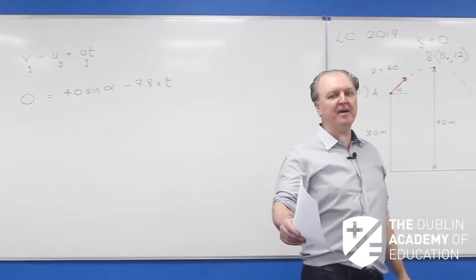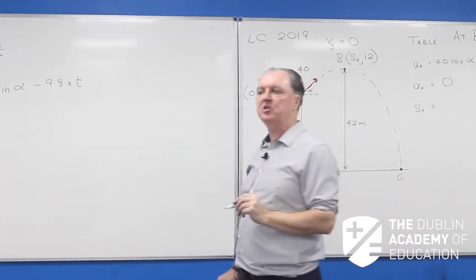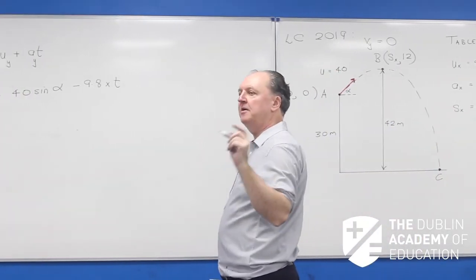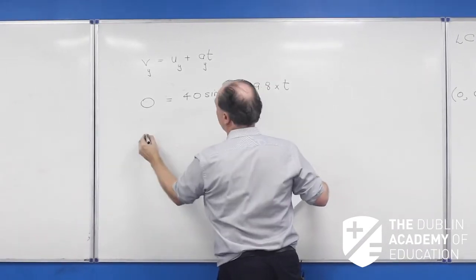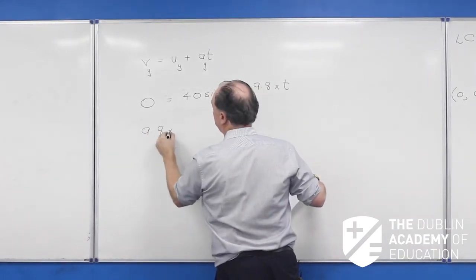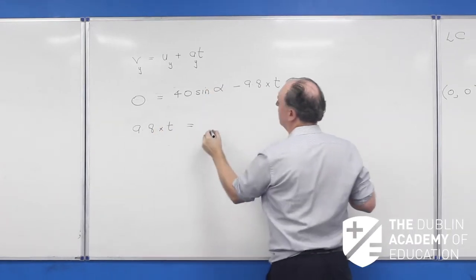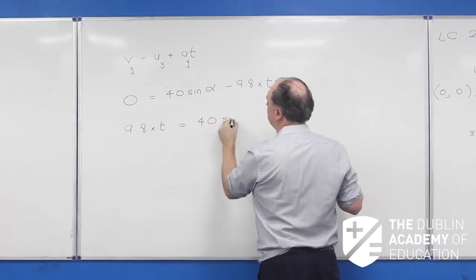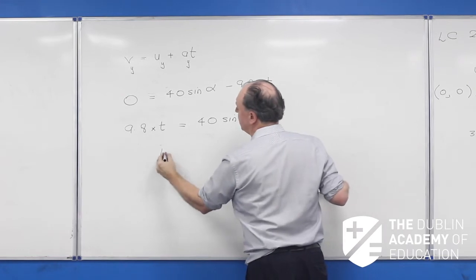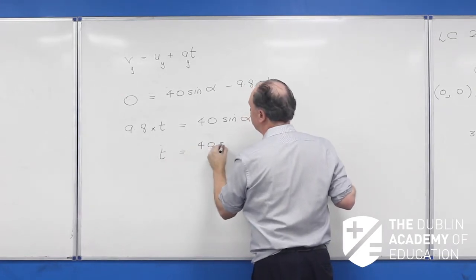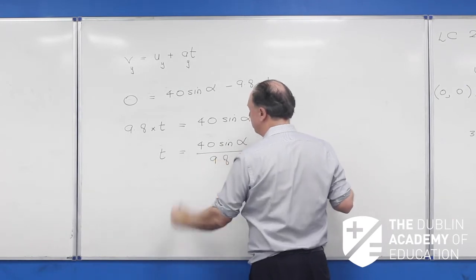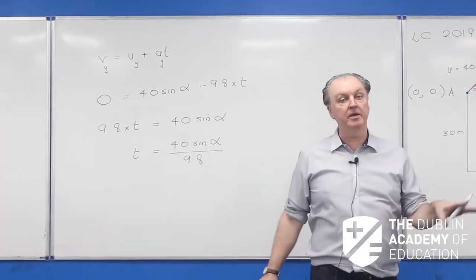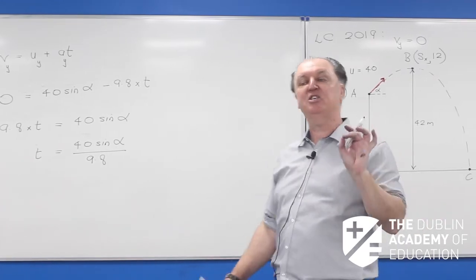I want to write that down with t on its own, so I'll have t in terms of alpha. So jump the 9.8 t to the left, and that's equal to 40 sine alpha. The time t is 40 sine alpha divided by 9.8. That's the time it takes to arrive at B in terms of alpha.